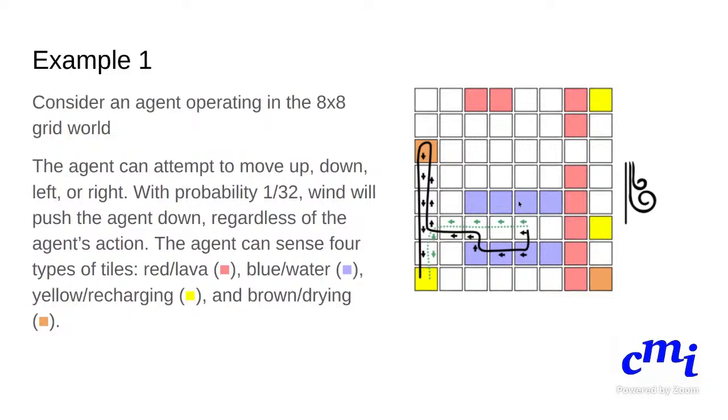One requirement in the game is that you can't reach the yellow or charging tile if you are wet, because if you're wet and you reach the charging tile you might get current.